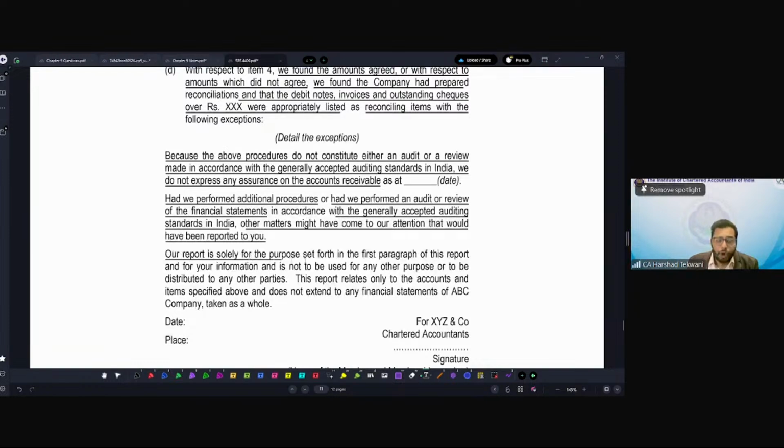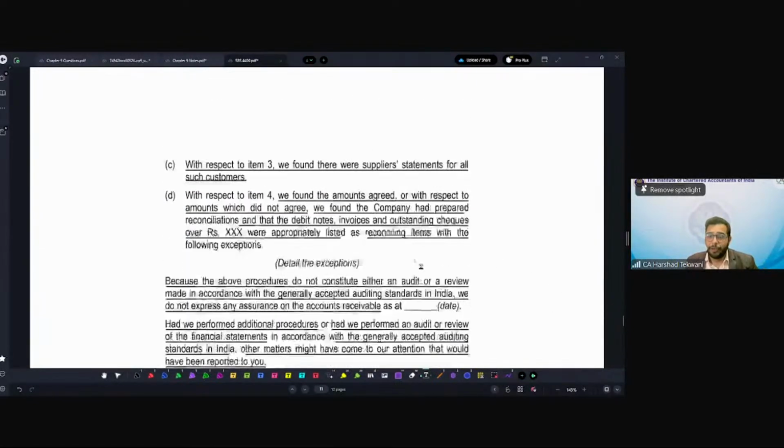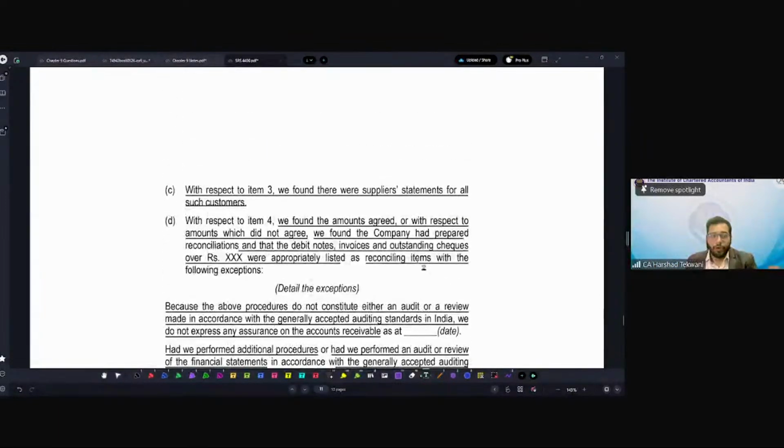Our report is solely for the purpose set forth in the first paragraph, that is account receivables of this report, and for your information, and not to be used for any other purpose or to be distributed to any other parties. Tomorrow, if the company goes and submits this report to the bank and says, okay, the auditor has audited the account receivable, see, this is the audited account receivables certificate that has been given by the auditor.